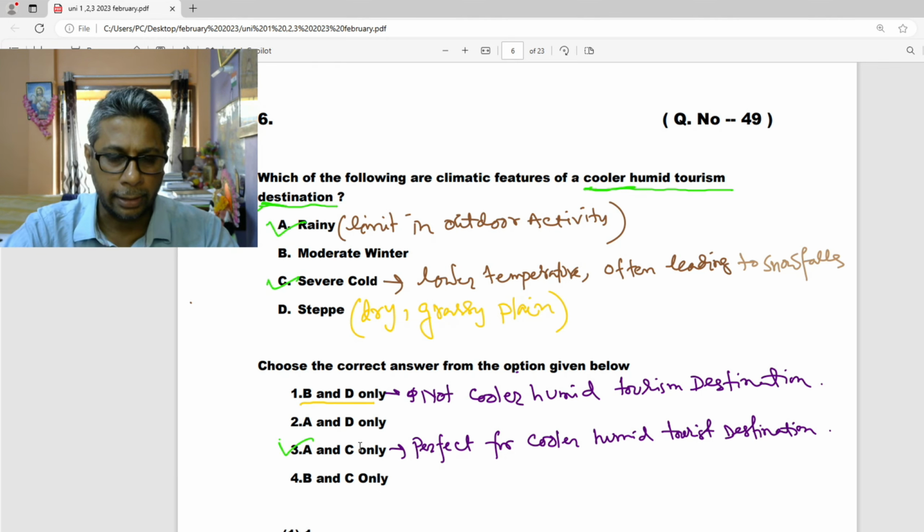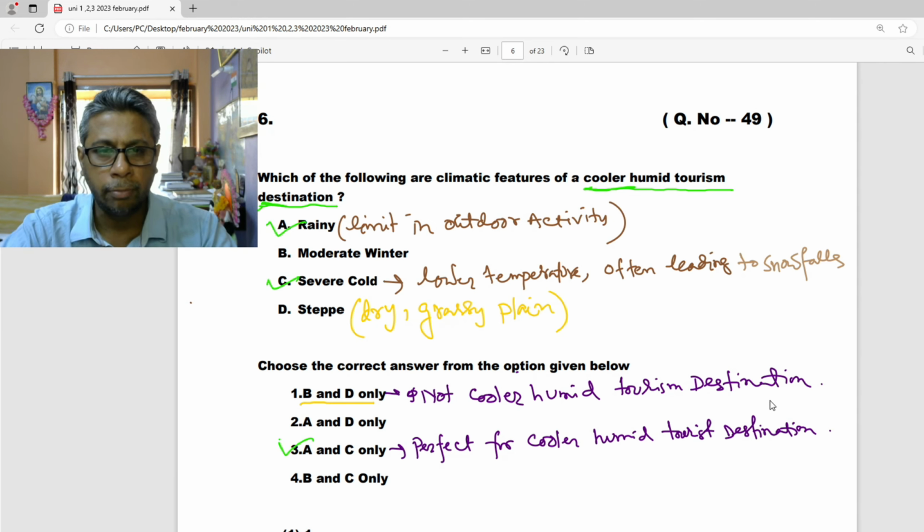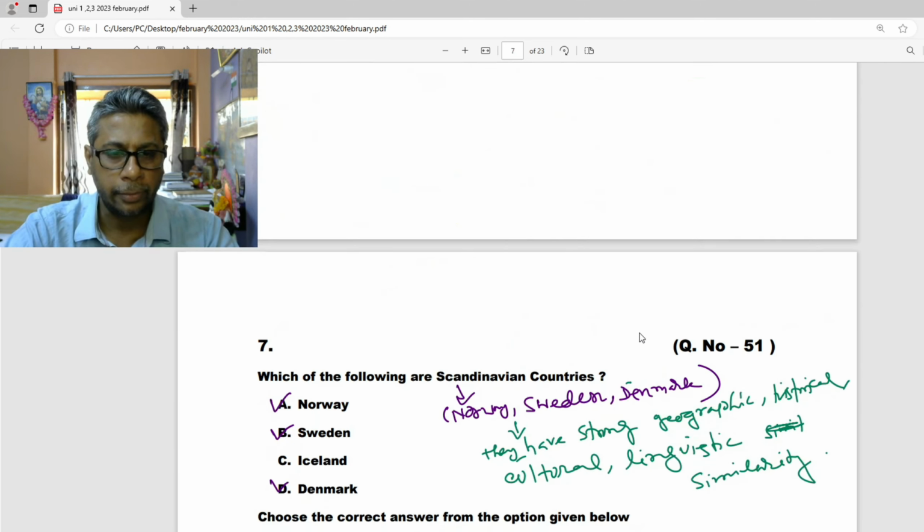These two are the correct ones. A and C are correct. But B and D, moderate winter and steppe, are not. Steppe means dry, grassy plain, not a cooler, humid tourism destination. A and C are perfect for a cooler, humid tourist destination.